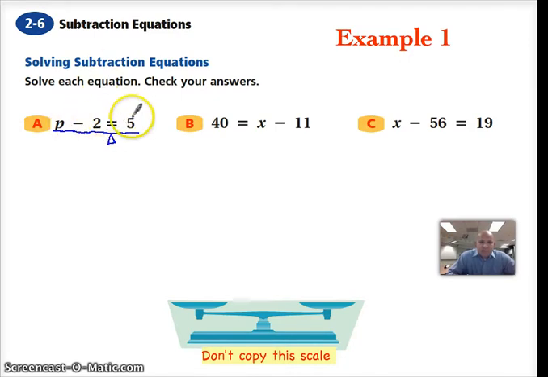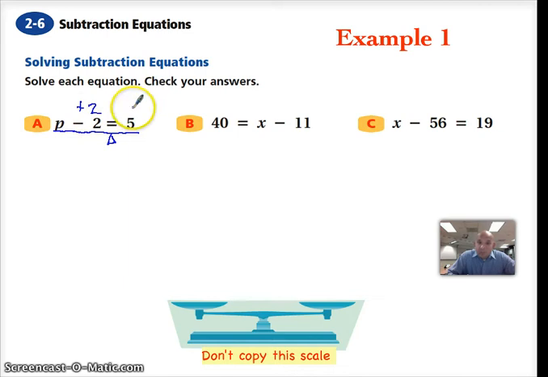Here we have p minus 2 equals 5. We need to isolate the variable. We need to get the p by itself in order to find out what it is. In order to get it by itself on that side, we have to get rid of the minus 2. To get rid of the minus 2, we have to find the inverse operation of minus 2, which is plus 2. I'm going to write plus 2 on this side.